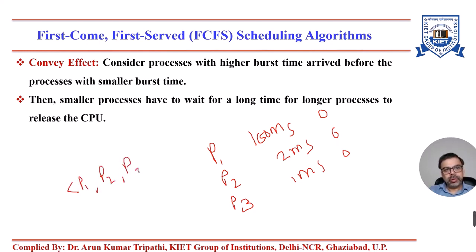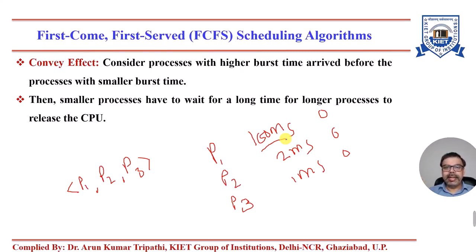Now the P2 process has to wait for 100 millisecond in the ready queue, because the processor cannot be snatched by P2 until P1 voluntarily leaves.